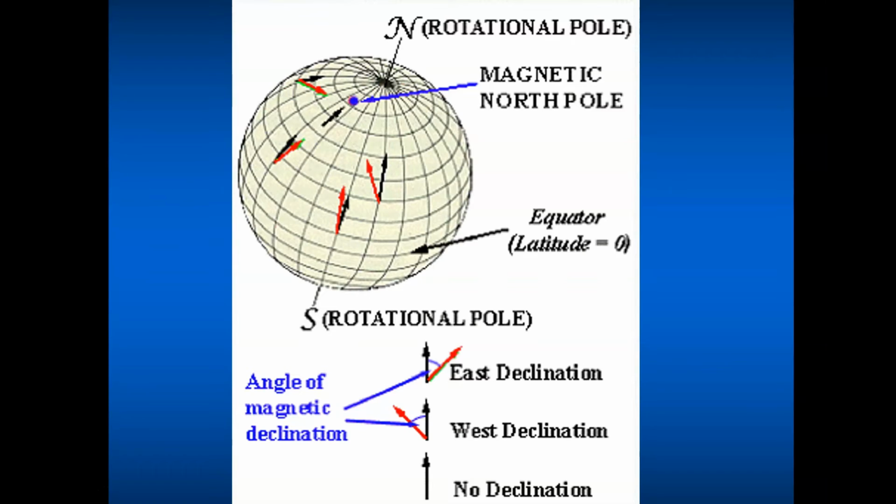I think you know by now that the axis on which the Earth rotates is not exactly vertical, it's at an angle. That north, where the Earth rotates, is called the true north. Magnetic north is somewhere close to the actual north, the true north, but it varies from year to year, from time to time, due to the Earth's rotation, the magnetic field, and the gravity.